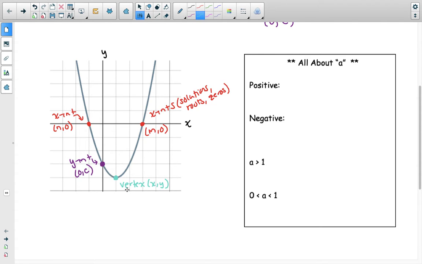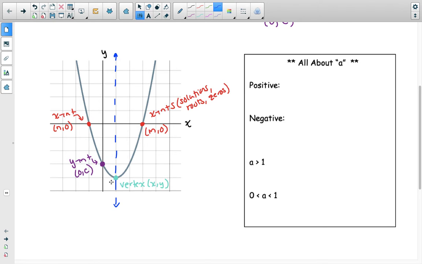Now the thing about the vertex and a quadratic is that your quadratic is actually symmetrical. You can fold this quadratic in half along what's called the axis of symmetry, and this part of the graph will fit perfectly on this part of the graph. So what it's called is the axis of symmetry. It is a vertical line that goes through the vertex.